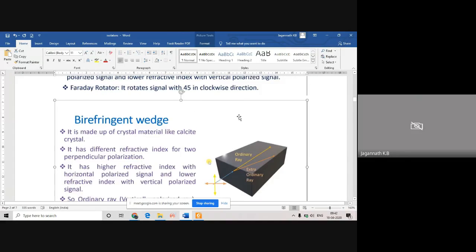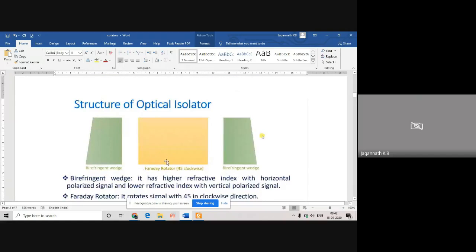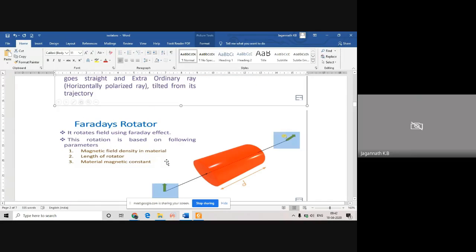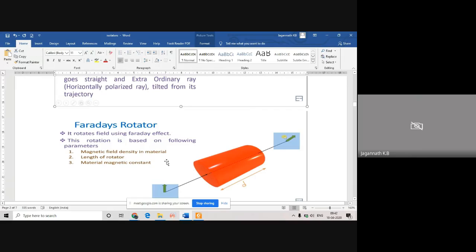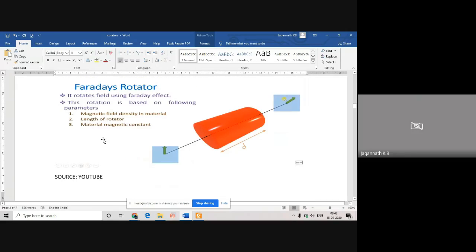And we have the second block, that is the Faraday rotator. Again, the Faraday rotator is made up of a magnetic field dense material. There will be a magnetic field dense material, a rotor, and some magnetic constant.